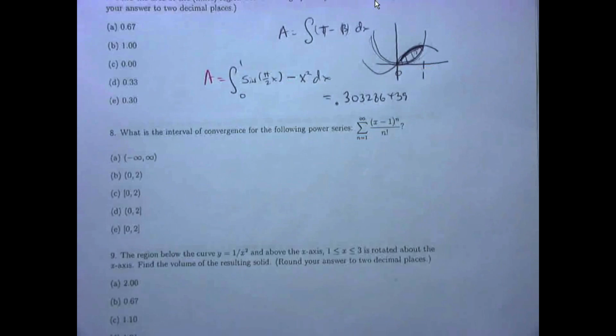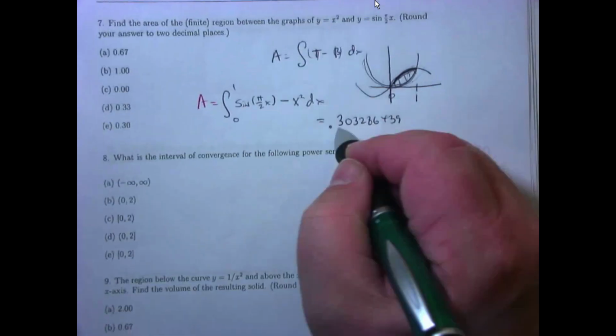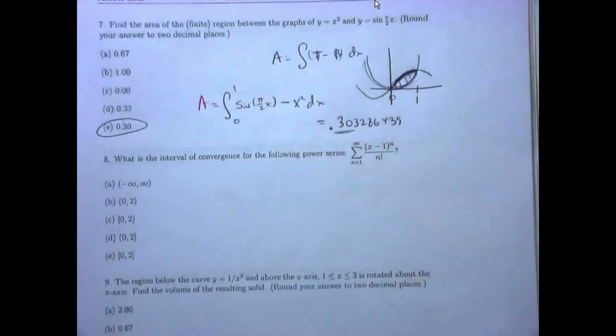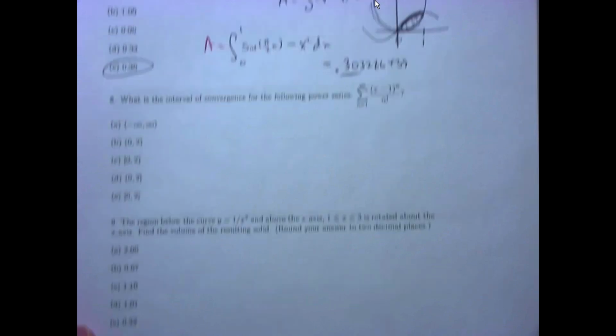And I'm supposed to round that off to, what, 2 decimal places it said? Yep, 2 decimal places. So what would my answer be? 0.30, aka the answer is E. Does that make sense? Remember, area between two curves: top minus bottom, dx, or right minus left, dy.